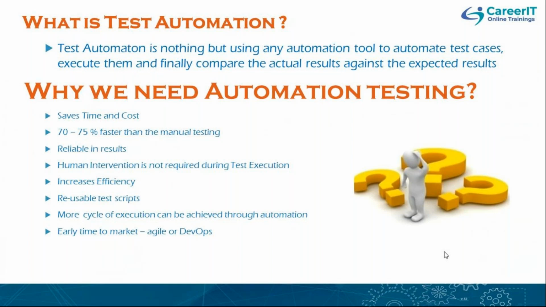So if you have dedicated automation in your application, it will help speed up our software development process, so that we can release our application to the market early. Because of these factors, automation testing has become one of the major parts of our entire software development life cycle.